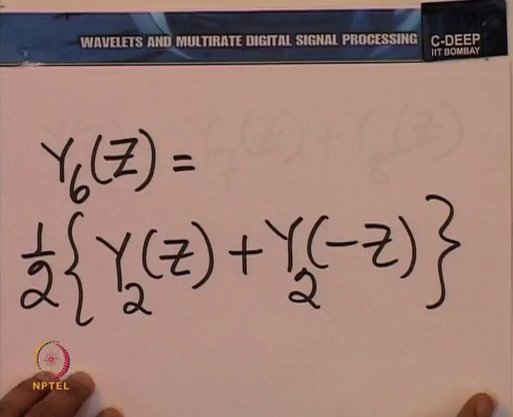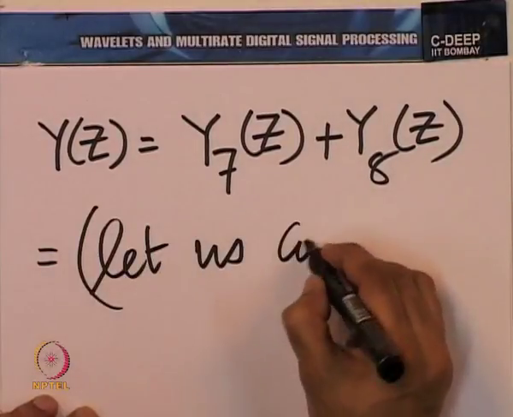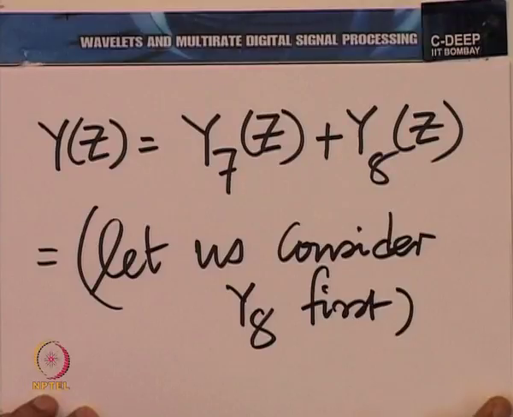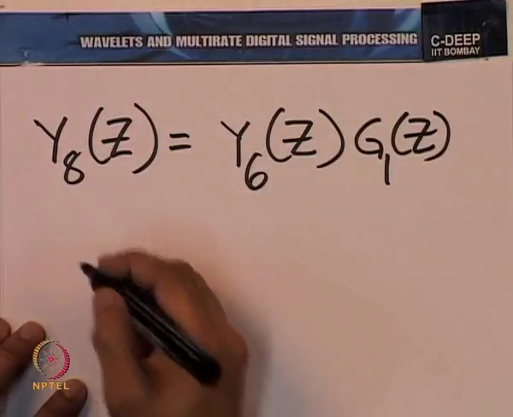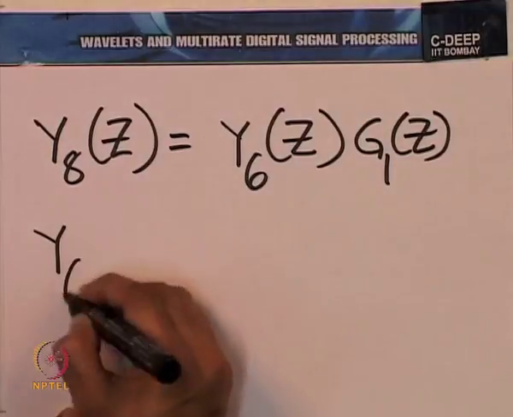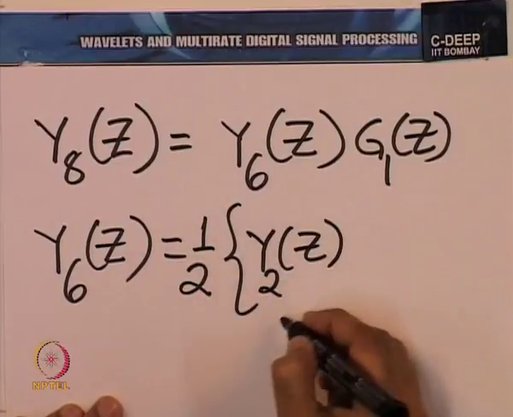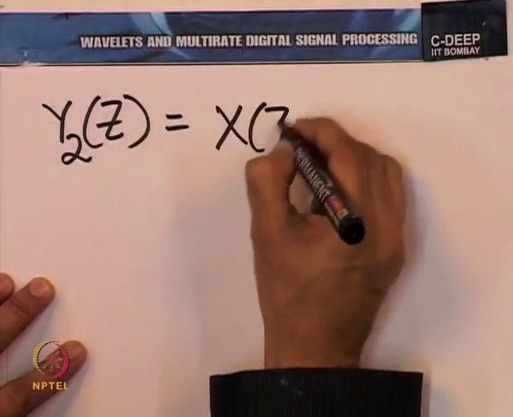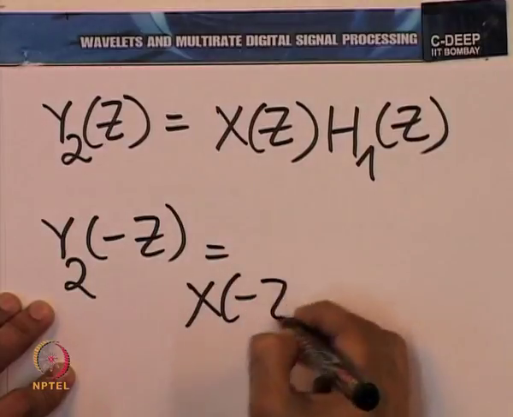So, let us focus, let us say for example, on this term here, Y8. So, Y8(z), as I said, is going to be Y6(z) times G1(z). Y6(z) is going to be related to Y2(z), and then Y2(z) is further going to be X(z) times H1(z), whereupon Y2(-z) is going to be X(-z) times H1(-z).